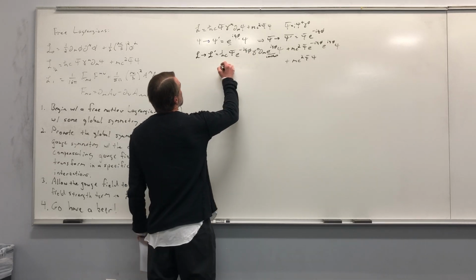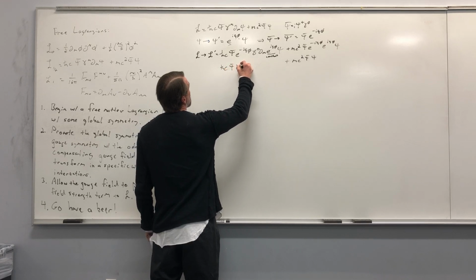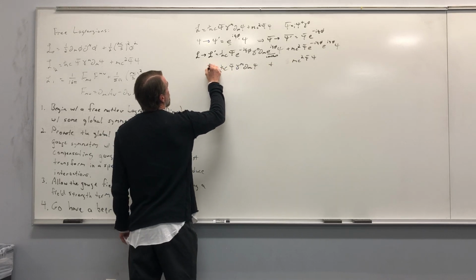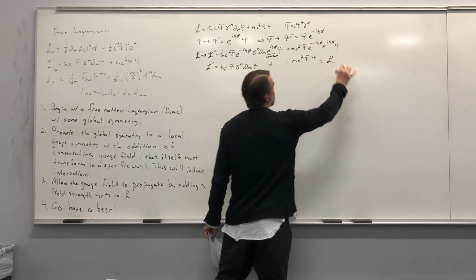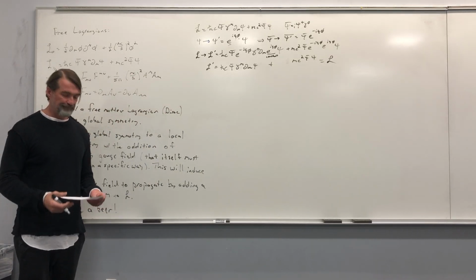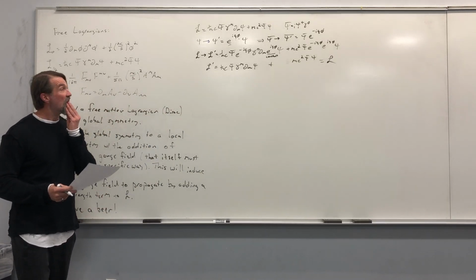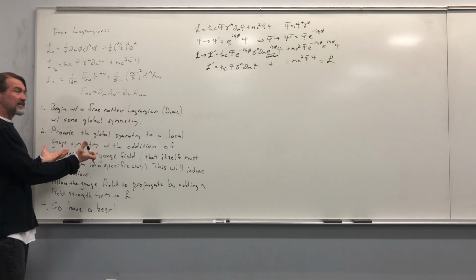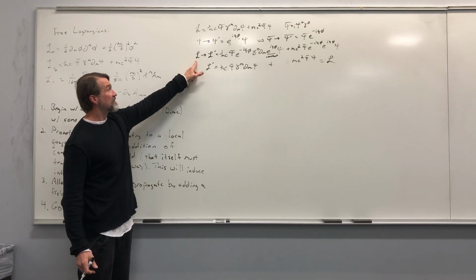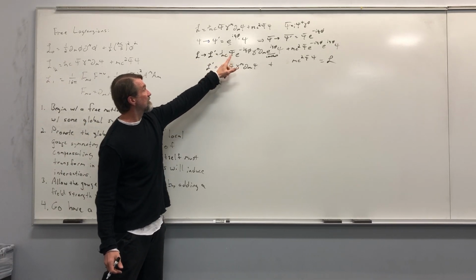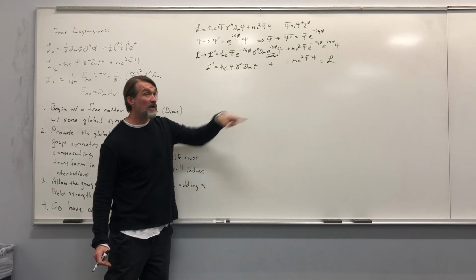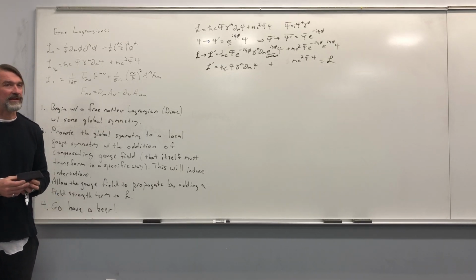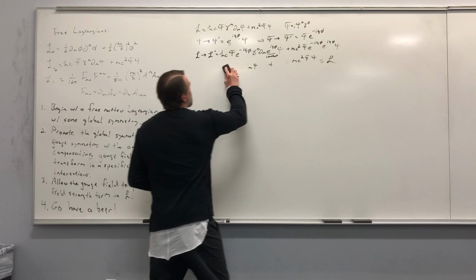So at the end of the day, we just get back h bar c psi bar gamma mu d mu psi plus that term, which of course is what we started with. So this global symmetry is a symmetry of the Lagrangian. If I enact this transformation on the Lagrangian, I get back the Lagrangian. Is that clear to everybody?